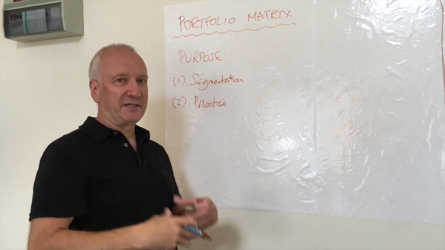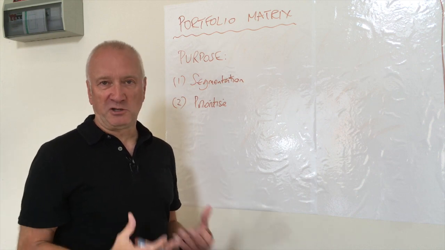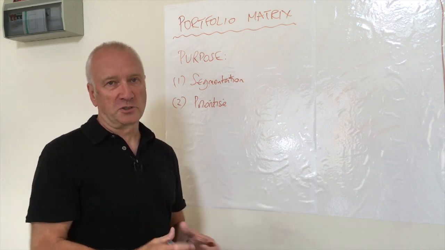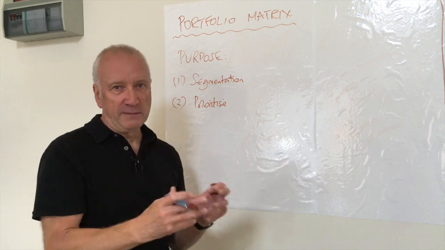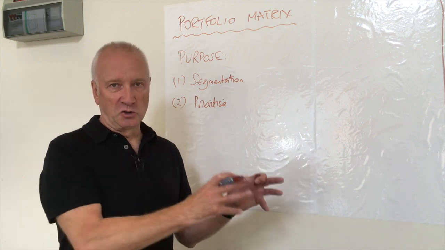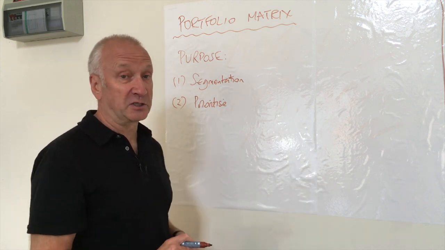So this matrix tells the procurement leader which are the most important categories that really must be effectively managed and those that are less important, maybe the one-off expenditure.